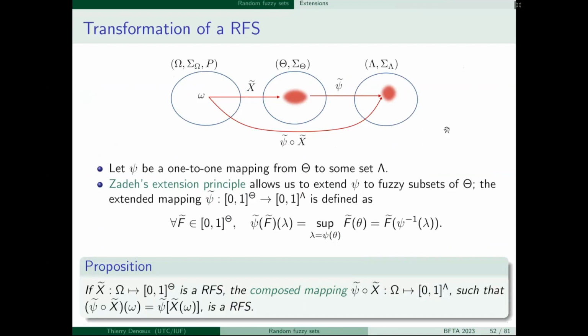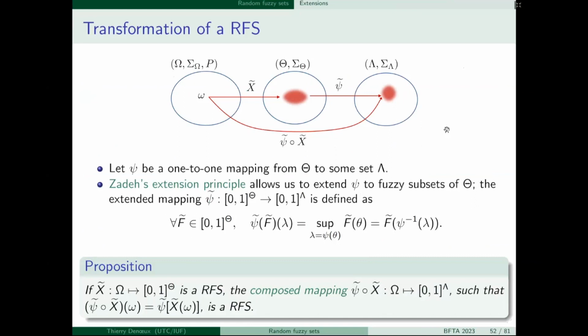In the theory of fuzzy sets, this is done by an operation called Zadeh's extension principle. I will try to explain it in a few words because we don't have a lot of time. You have a mapping from theta to lambda, and you can extend it to compute the image of a fuzzy set of theta. For any f tilde, a fuzzy subset of theta, you define a new fuzzy set of lambda, which I denote psi tilde of f tilde.